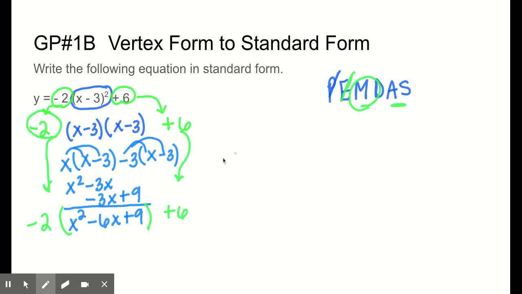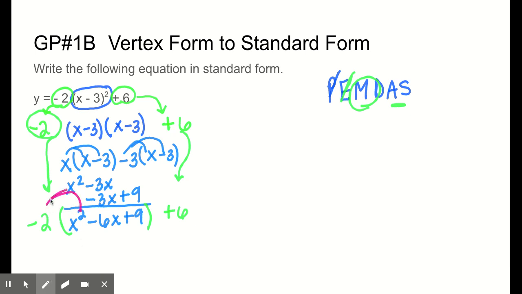So you have to make sure that you are multiplying your a value before you are adding the k to your polynomial. That's where a lot of students get mixed up because they try to add this value before they multiply. But again, you have to follow the order of operations. So from here, we're going to go ahead and distribute that negative 2 into the parentheses.